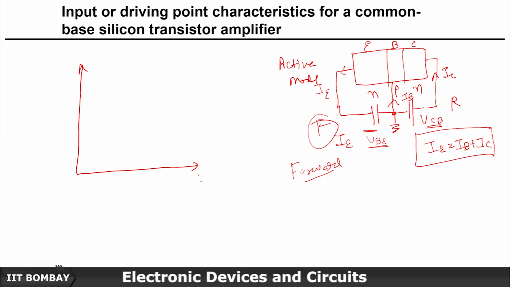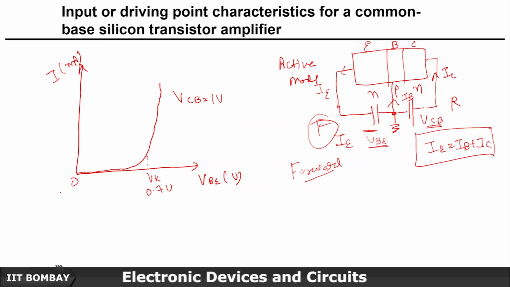So if you see VBE in volts, and this is the current, let us say in milliamperes, it will go something like this, which is a very common characteristic of a forward bias. Let's say VCB is constant, something like 1 volt, and this is my knee voltage VK, which is approximately 0.7 volt.